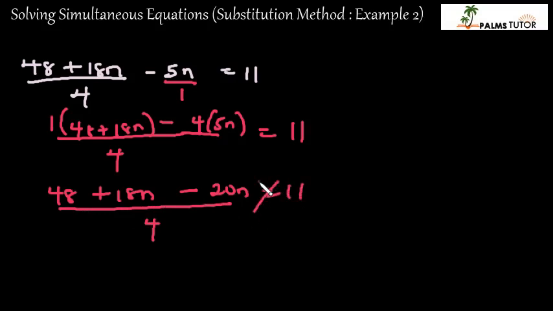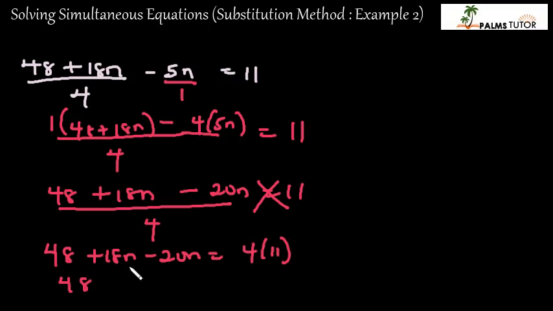We can cross multiply. So we have 48 plus 18n minus 20n equals 4 multiplied by 11. So we have 48 plus 18n minus 20n, which is minus 2n, because the negative is more than the positive by 2. So we have minus 2n equals 44.